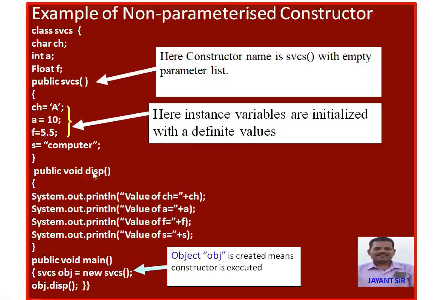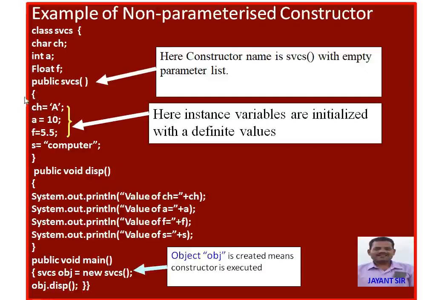Next, the public void display function: value of ch equal to plus ch, value of a equal to plus a, value of f equal to plus f, value of s equal to s. These will be displayed. Now the execution process: SBCS obj equal to new SBCS. The name of the object is obj. When the object is created, the constructor automatically gets executed.